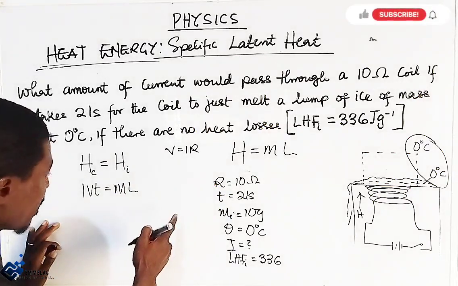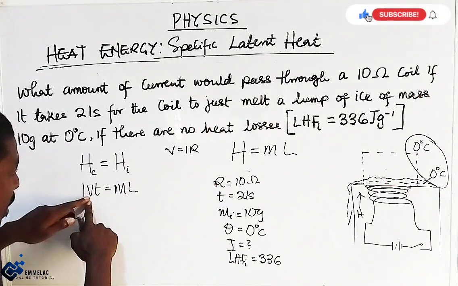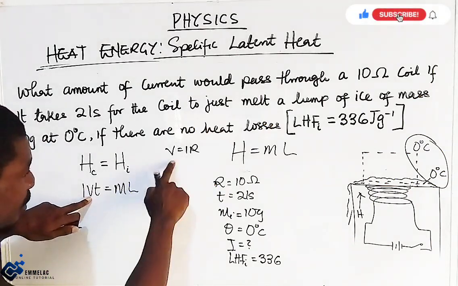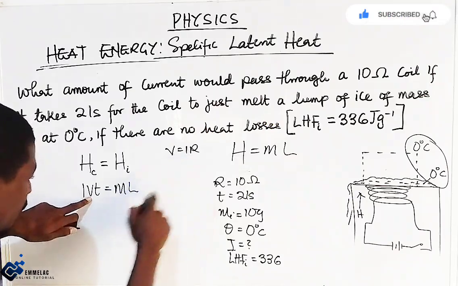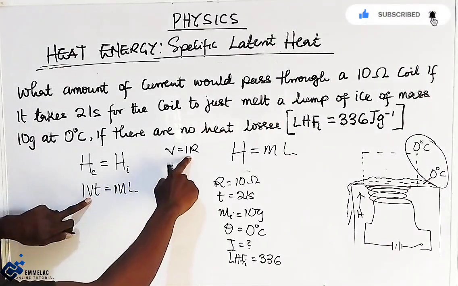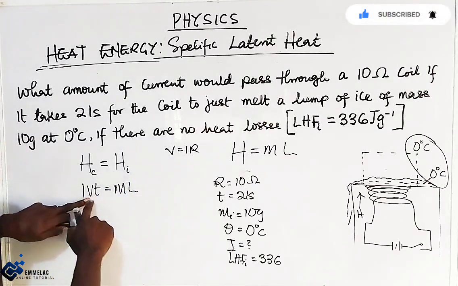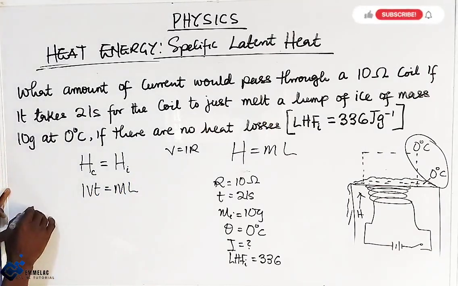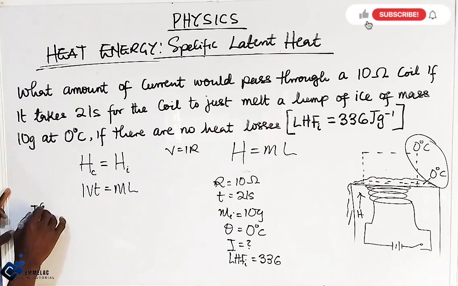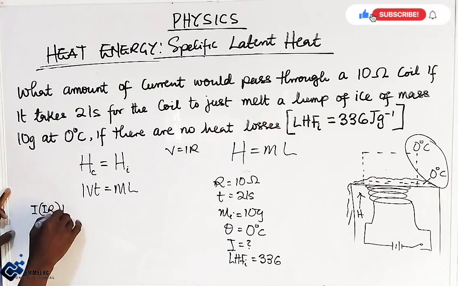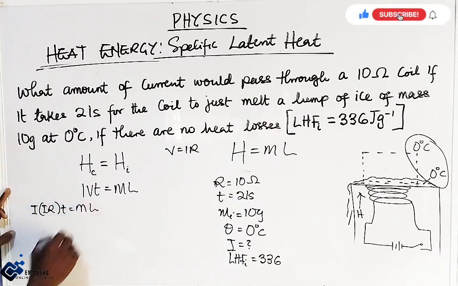Plugging IR in for V, you get I times IR times T equals mL.